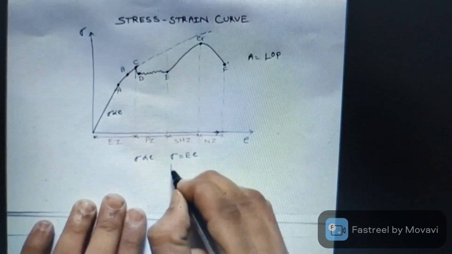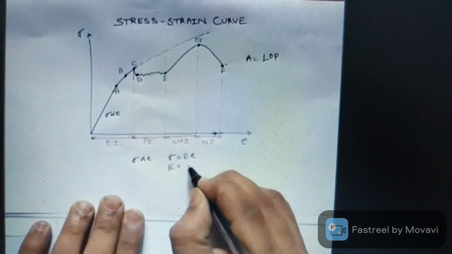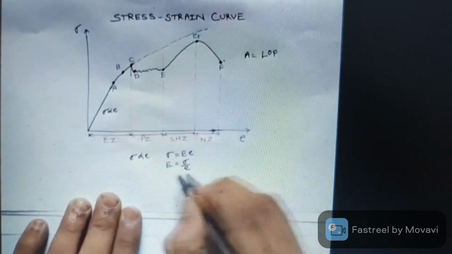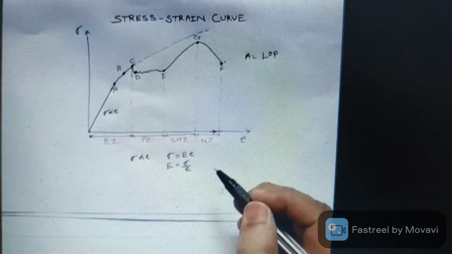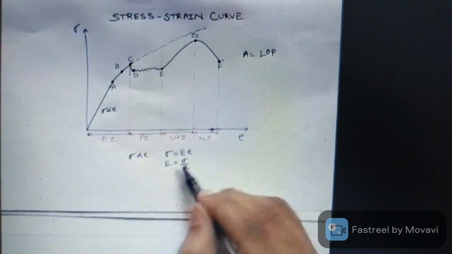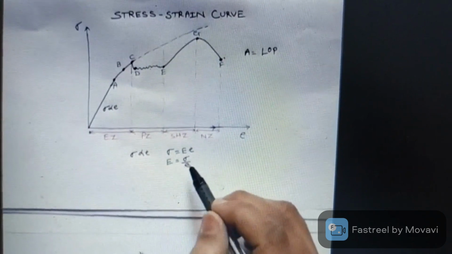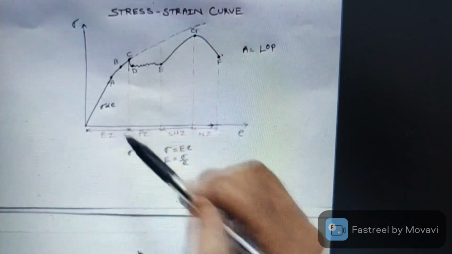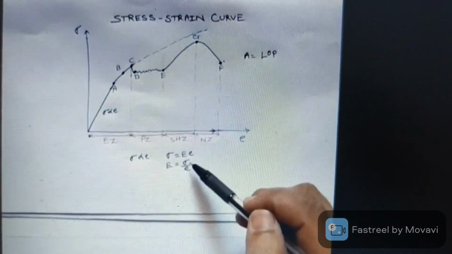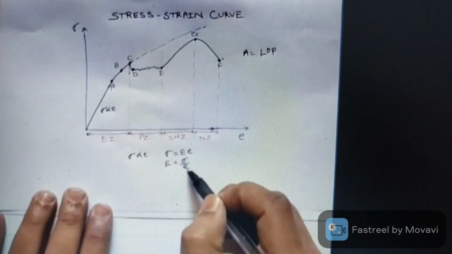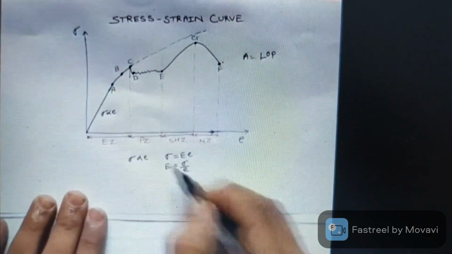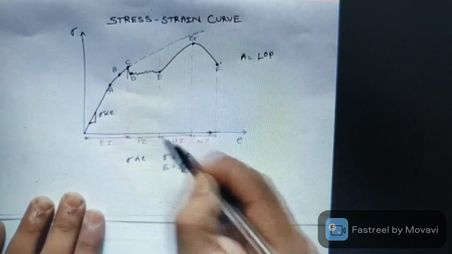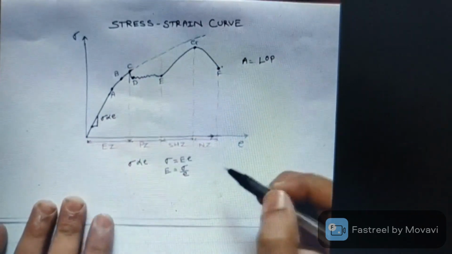This E is the Young's modulus of elasticity, which is the property of the material. This is also called Hooke's law. What does it tell? That within the limit of proportionality, the stress is directly proportional to strain. If we observe, E is nothing but the slope of this curve.